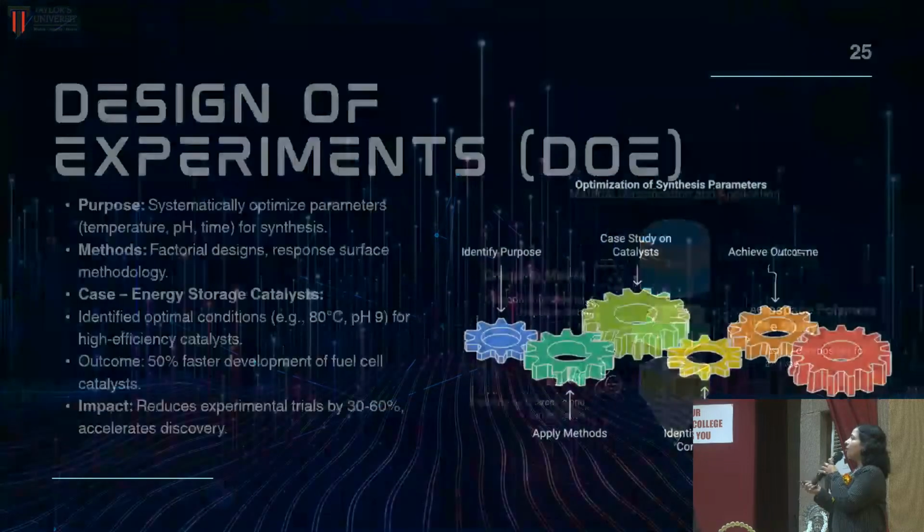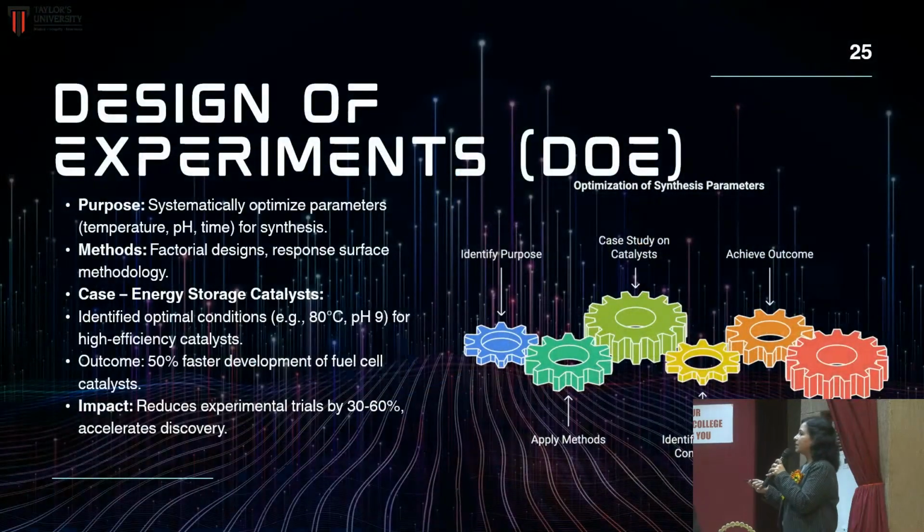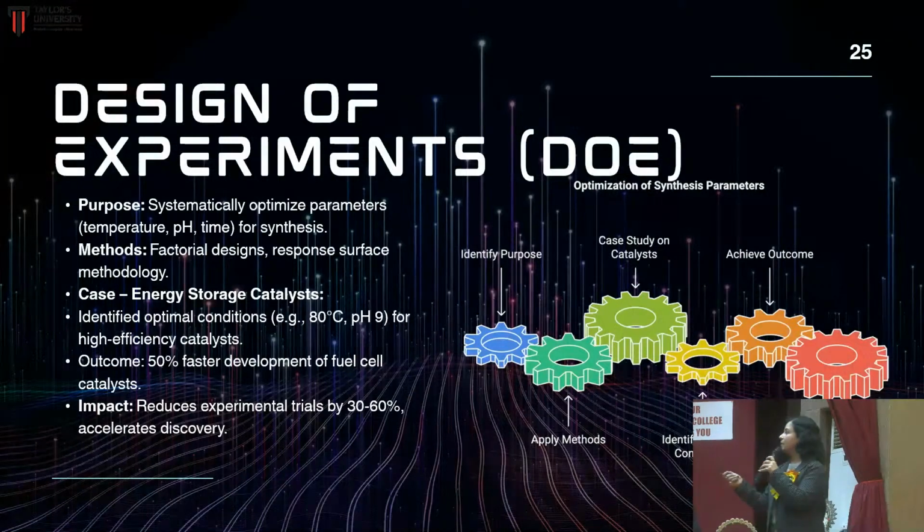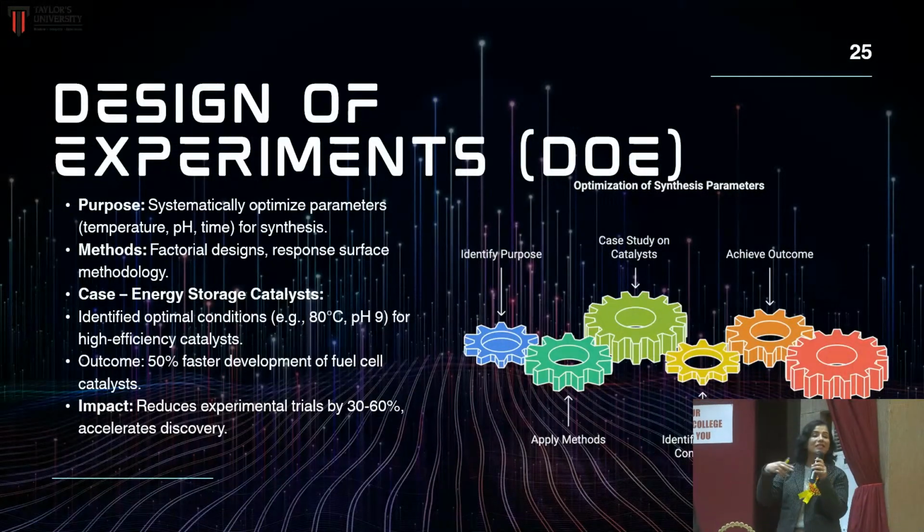Now, design of experiments. The basic purpose here is to systematically optimize parameters. Which are the parameters here? The temperature, pH, time for synthesis, any kind of synthesis that we are going to perform. Here we are studying the energy storage catalyst, that is, identified optimal conditions like 80 degrees or pH 9, that is just an example, for high efficiency catalyst.